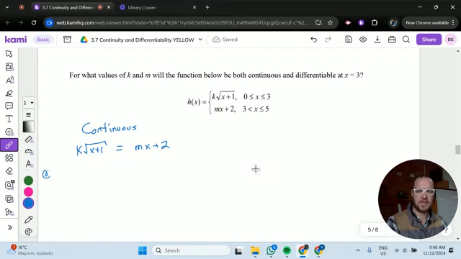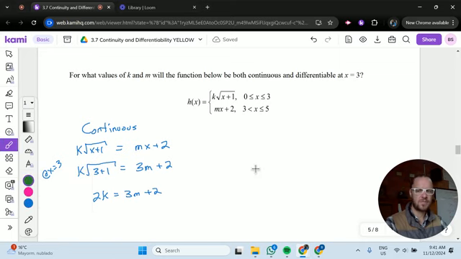But then we're going to do it specifically at x equals 3. So it becomes k square root of 3 plus 1 equals 3m plus 2. Yeah, I'm just switching the order of them. And really, that simplifies as well. That'll be 2k. So 2k equals 3m plus 2.